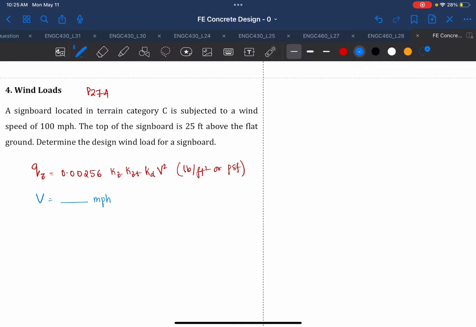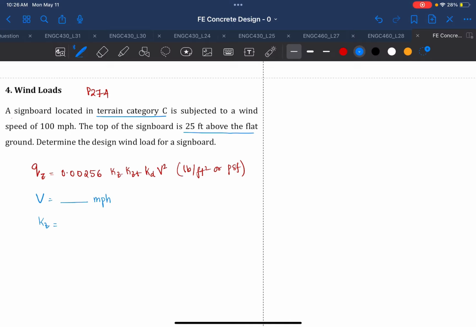So in this case, what is KZ? KZ is your velocity pressure exposure coefficient, and it is given in your table. In your table you need two pieces of information: the height of the structure above the ground and what type of exposure you are designing for. We are designing for terrain category C, and the signboard is 25 feet above the flat ground.